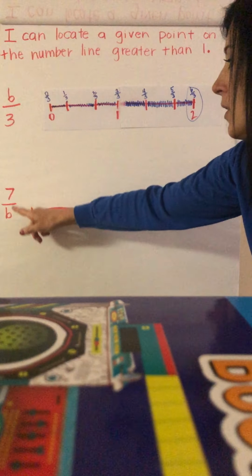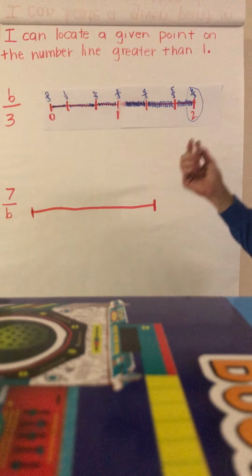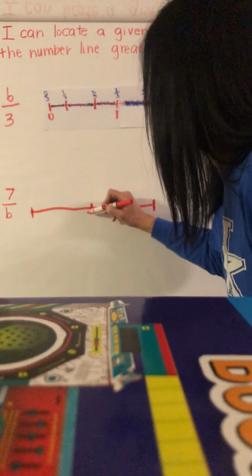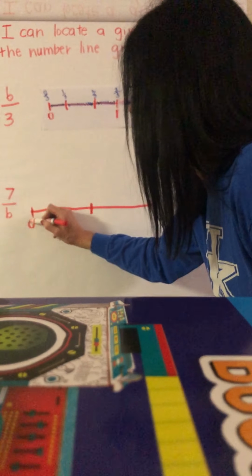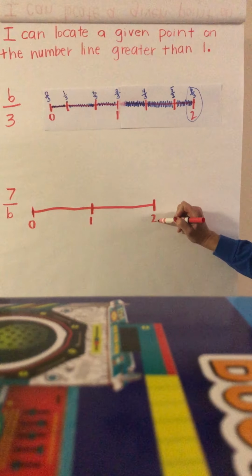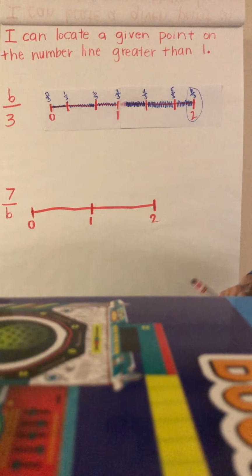I know that 7 is more than 6, so this fraction is going to be bigger than 1. So I'm going to make my number line go through 2.